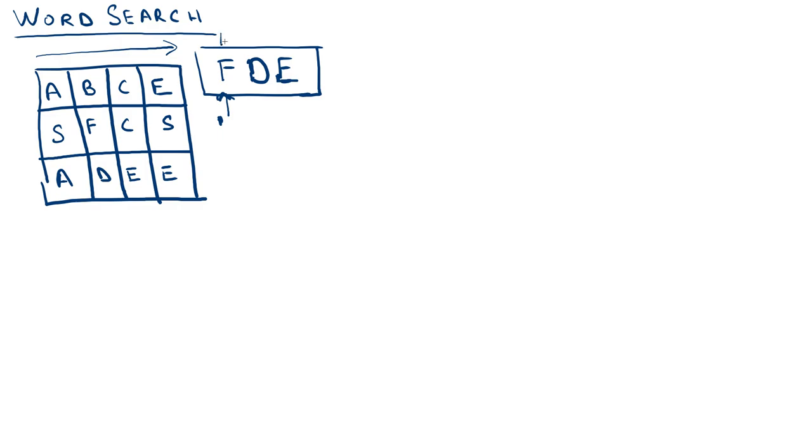Let me just put in the locations also, 1, 2 and 3, and currently we are at the first index. So A, does it match with F? No. B, does it match with F? No. So we keep on traversing from left to right, C, E, then we compare S, then we come to this cell and we see that F matches F.